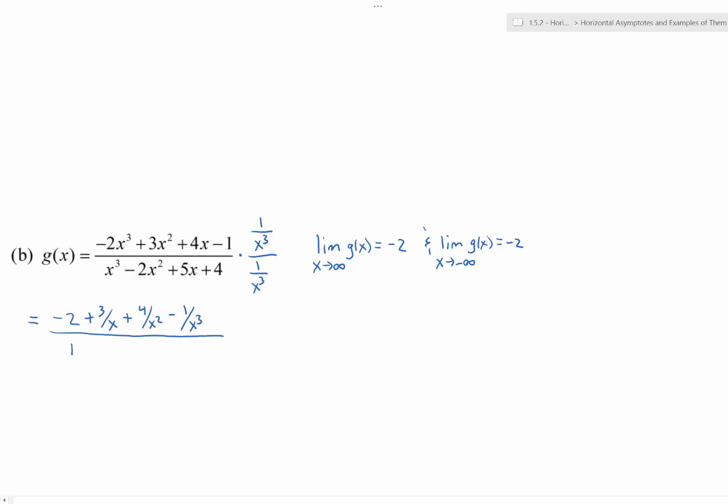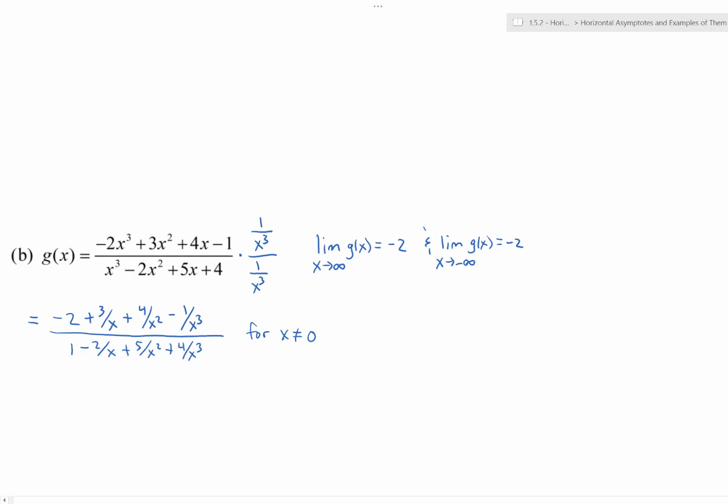And then minus 2x squared times 1 over x cubed is a minus 2 over x. Plus 5x times 1 over x cubed is a plus 5 over x squared. And then plus a 4 over x cubed, right? So this, again, is true for x not equal to 0.